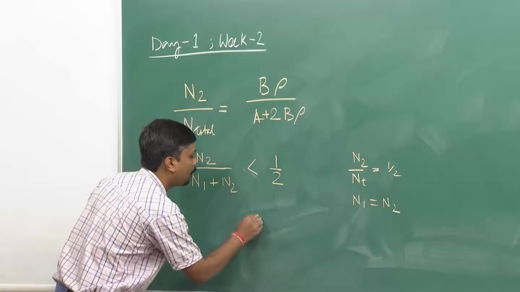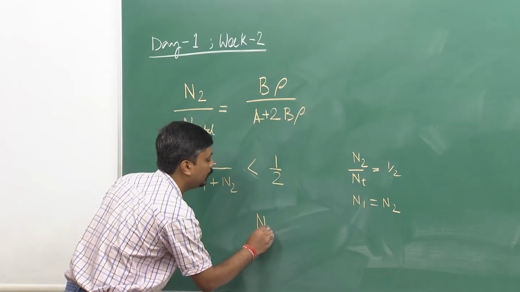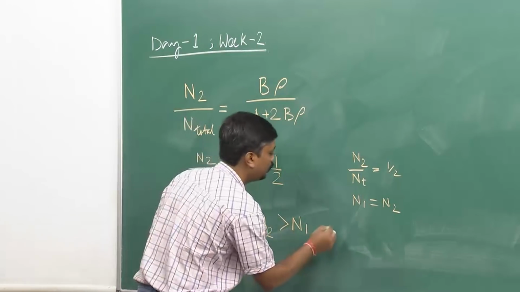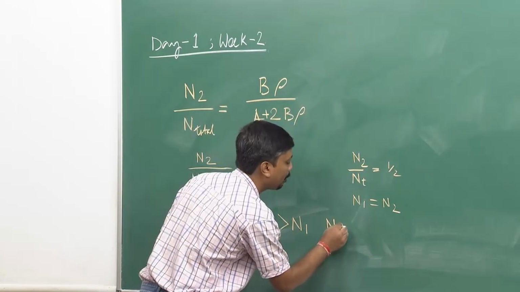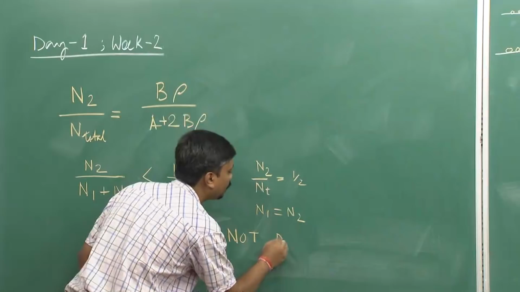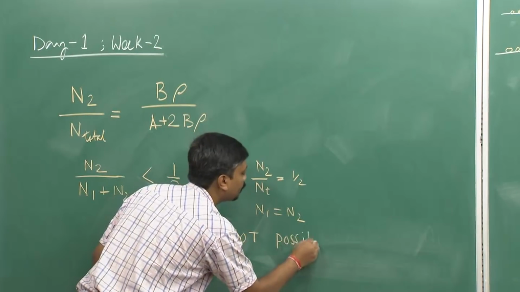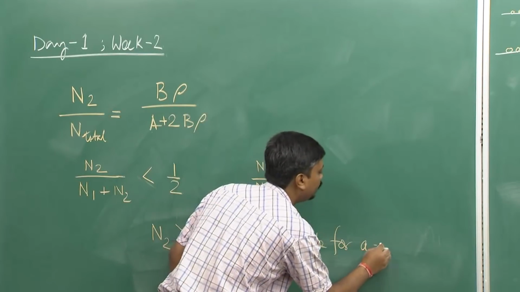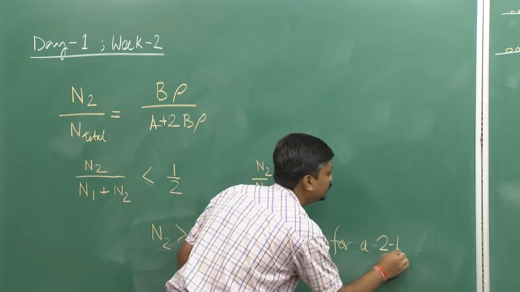N2 greater than N1 is not possible for a two level system.